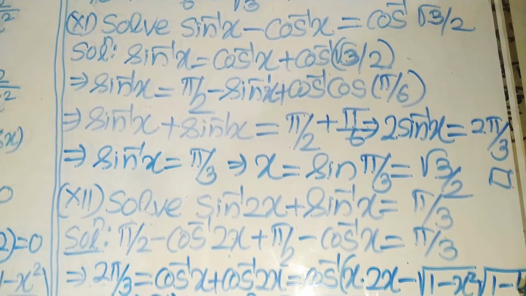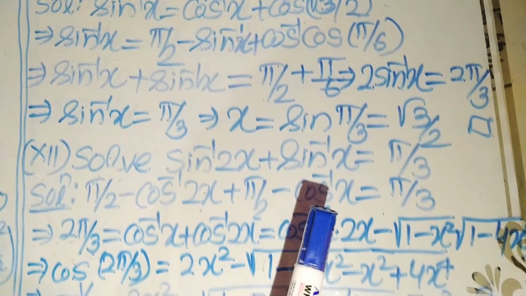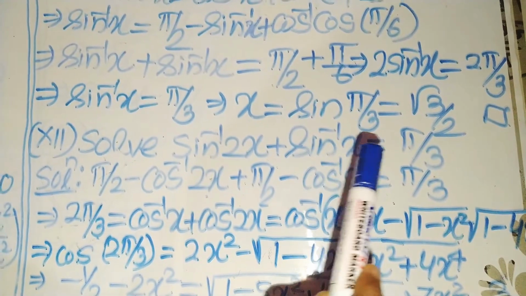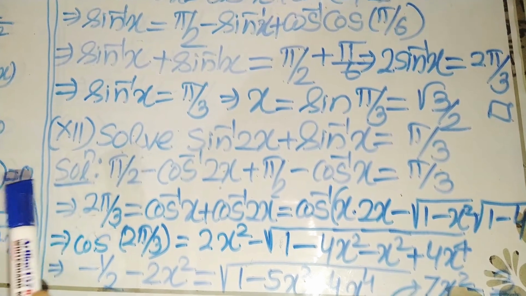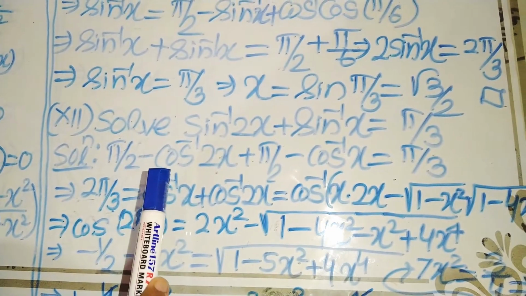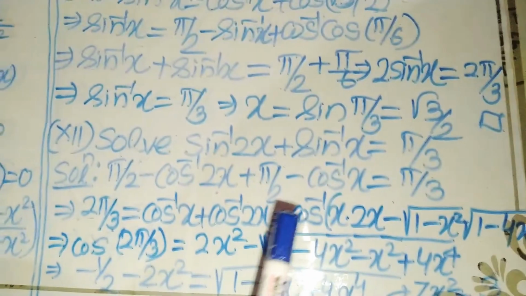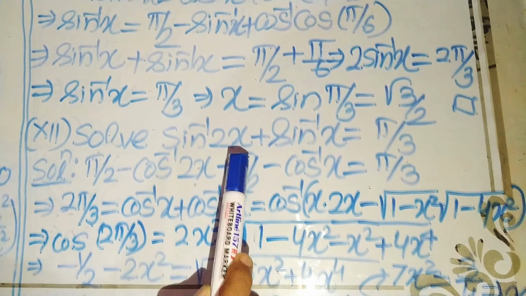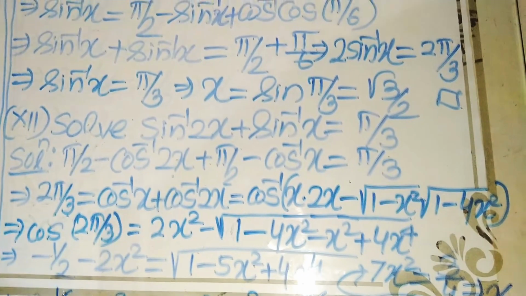Then 12th bit: solve sin inverse 2x plus sin inverse x is equal to pi by 3. Solution: we can write sin inverse x is equal to pi by 2 minus cos inverse x. That means sin inverse 2x plus pi by 2 minus cos inverse x is equal to pi by 3.